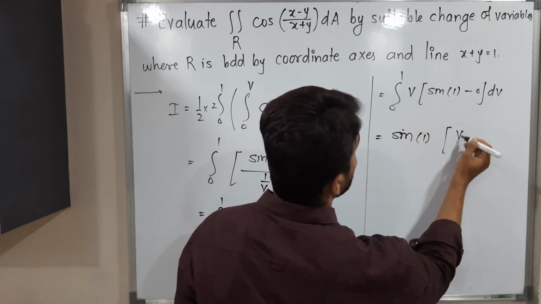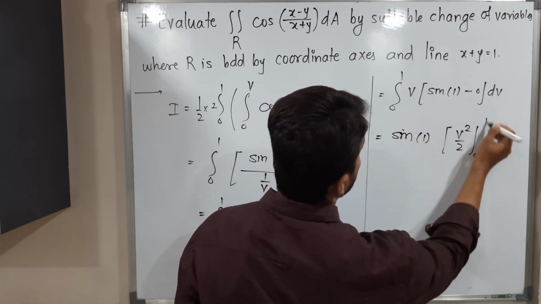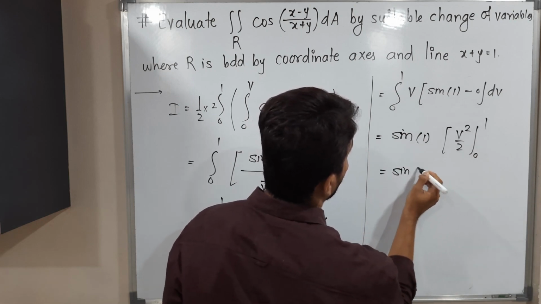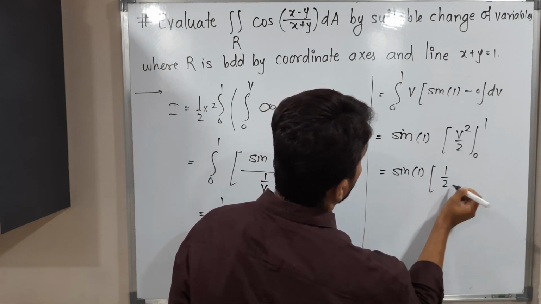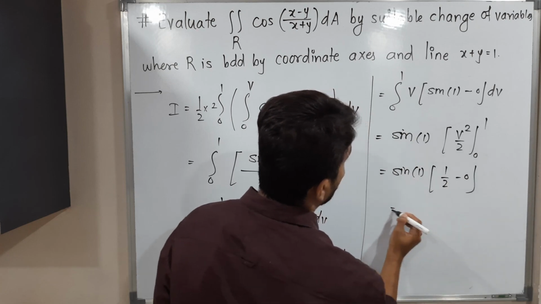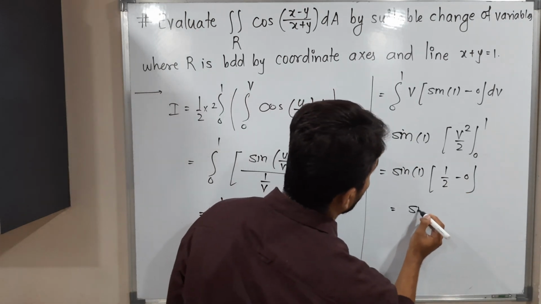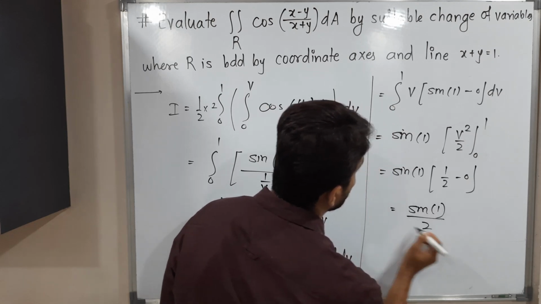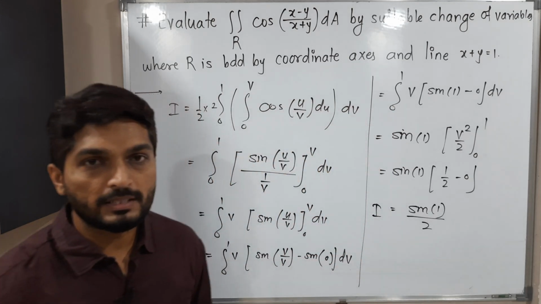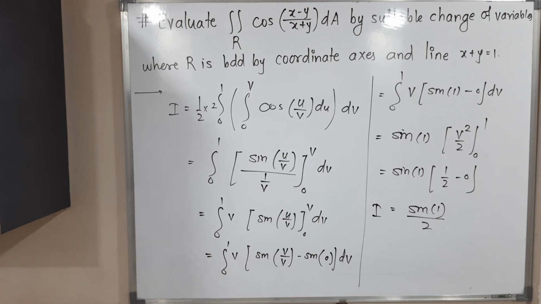Its integration is v square by 2, 0 to 1. So this is sine 1. I am putting upper limit 1 by 2, lower limit 0. So 1 by 2 minus 0 is 1 by 2. If you take the product, the value will be sine 1 by 2. So this is the required answer. Okay, so make a screenshot of it. Then we will stop. Thank you. See you.